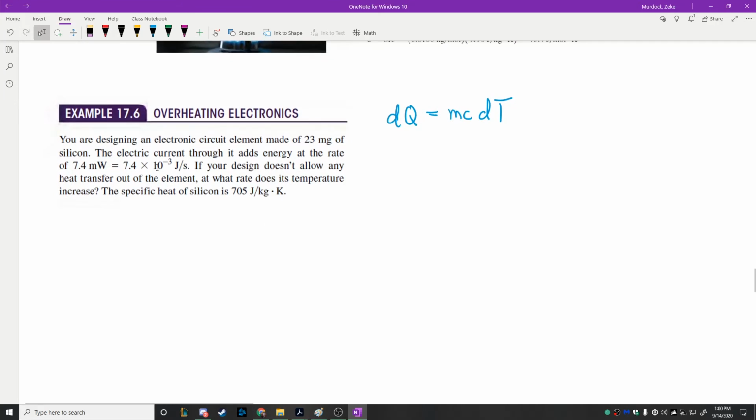So the problem states, you're designing an electronic circuit element made of 23 milligrams of silicon. The electric current through it adds energy at the rate of 7.4 milliwatts. If your design doesn't allow any heat transfer out of the element, at what rate does its temperature increase? The specific heat of silicon is this.